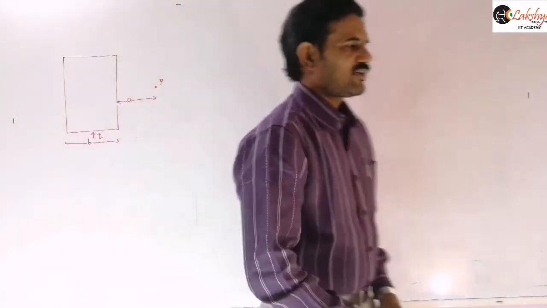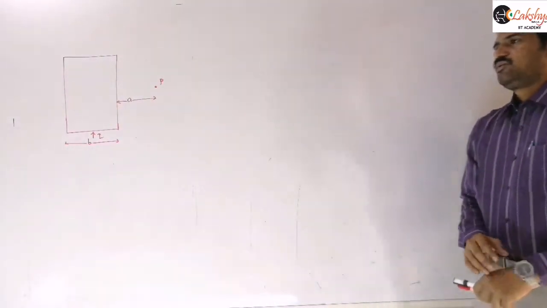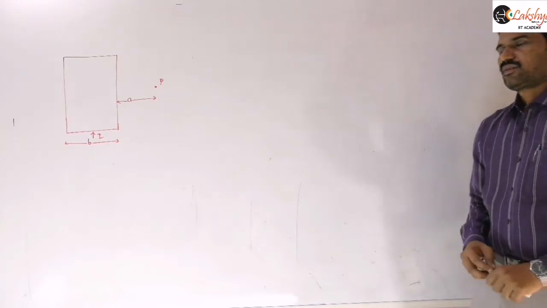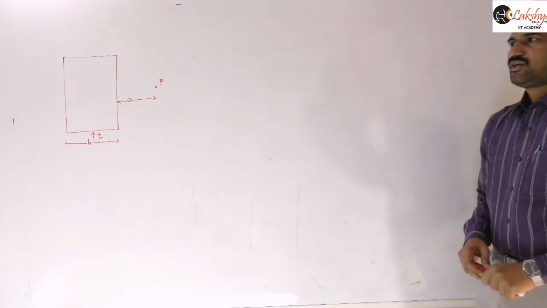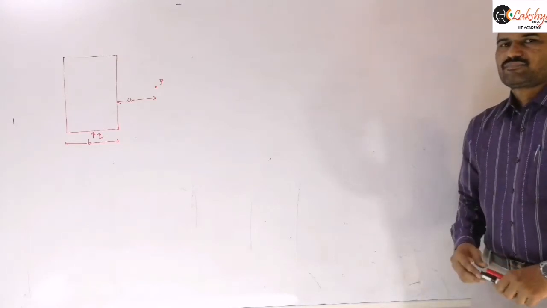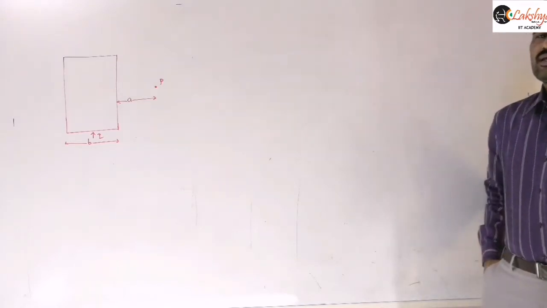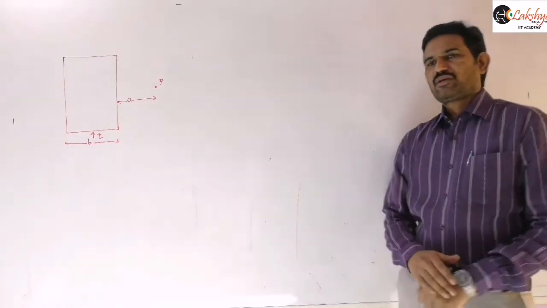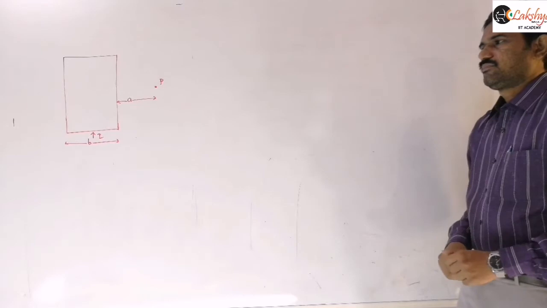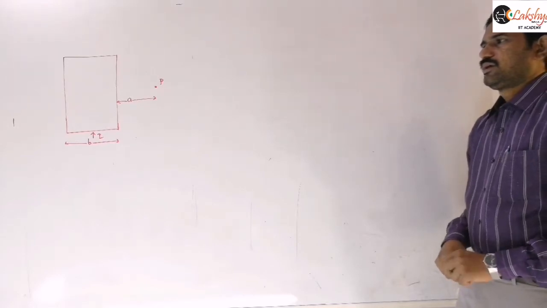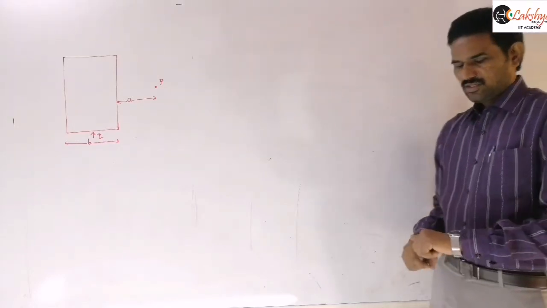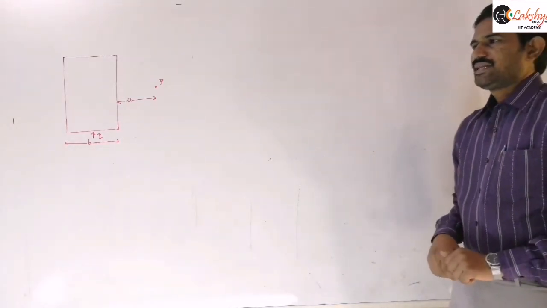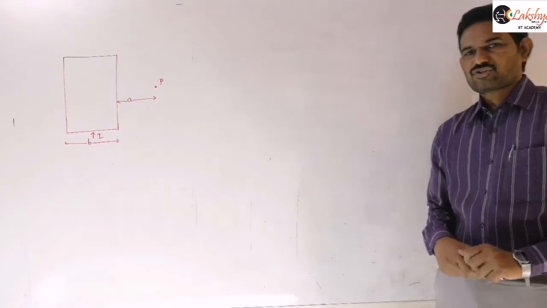Then find the magnetic field at a point P lying in the same plane, at a distance a from the near edge of the plane as shown. Right?